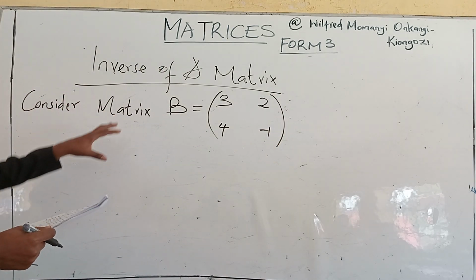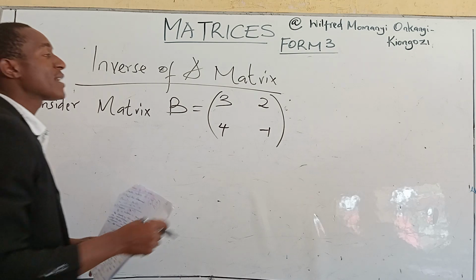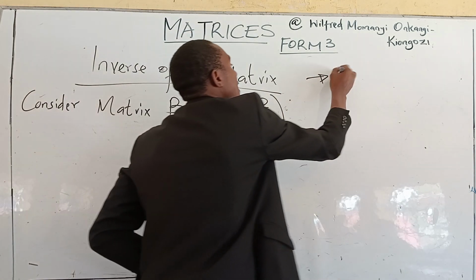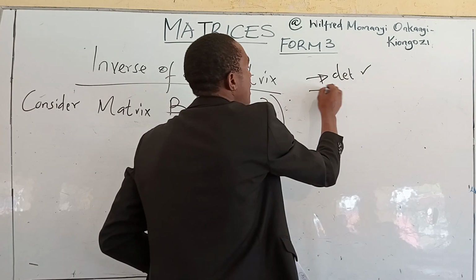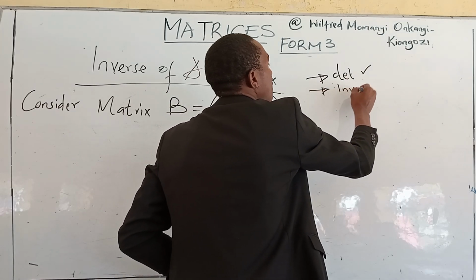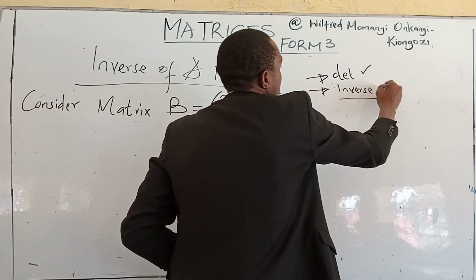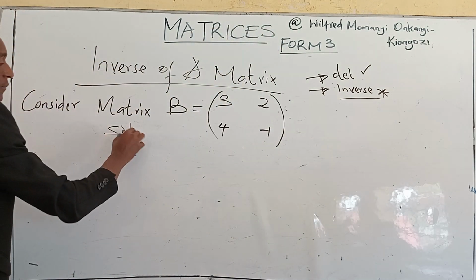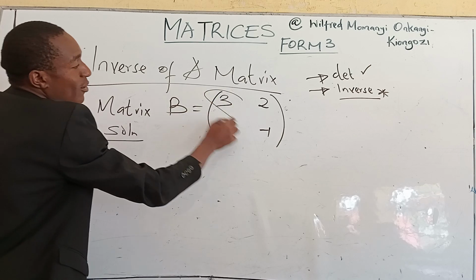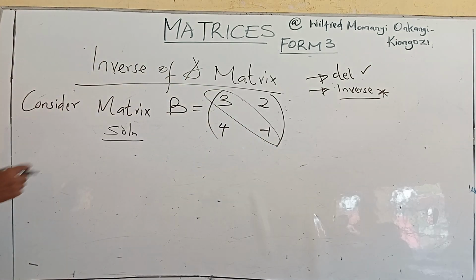Then, if you want to look for the inverse, you first of all look for the determinants first, because already I have taught you how to do that. Then you go to the inverse. So determinant, I identify the main diagonal first. So the product of elements of the main diagonal, 3 times negative 1, put the brackets.